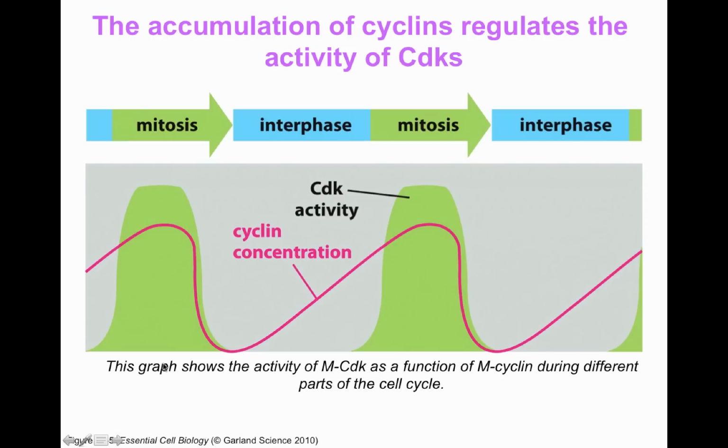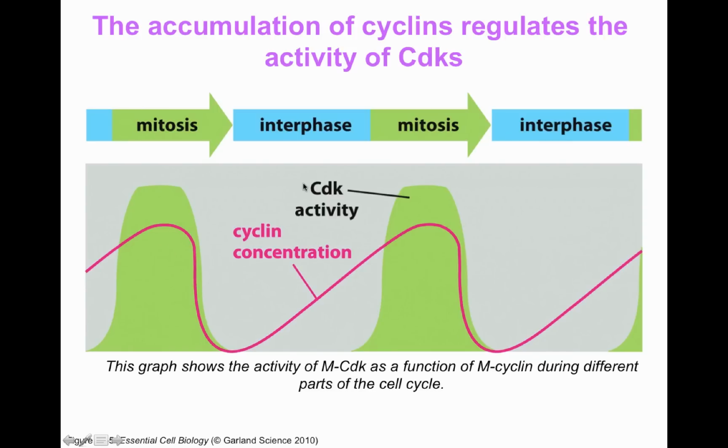For example, here we have the M-CDK, which is the cyclin-dependent kinase that functions during mitosis. What we have here in pink is the level of the M-cyclin, which, as you see, rises during mitosis, comes down during interphase, and slowly goes up until it peaks back in mitosis, and then drops down again at the beginning of interphase and starts to go up again.